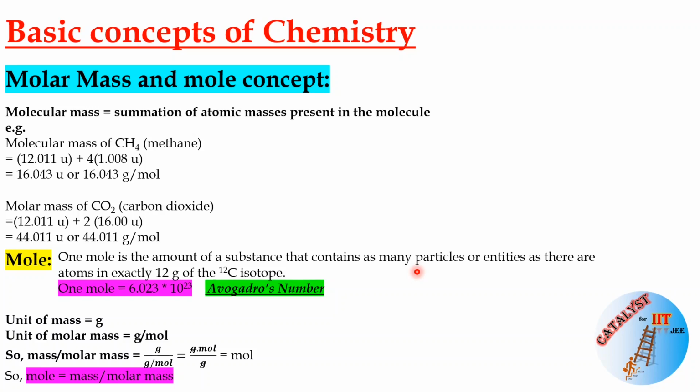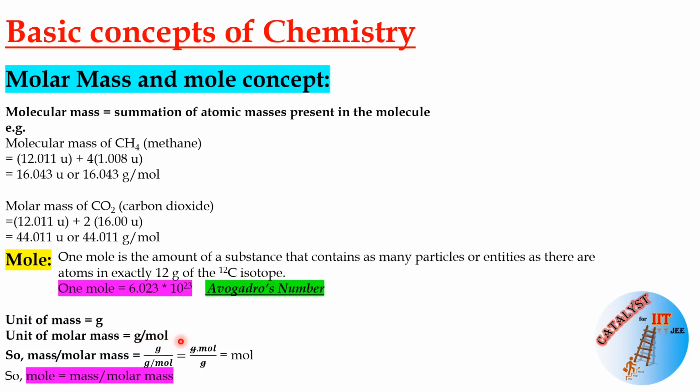Now for the oxygen-16 isotope, the mass will be 16 gram. So there will be a certain number of oxygen atoms. It is found that the number in 1 mole is 6.023 into 10 to the power 23, and this number is called Avogadro's number.